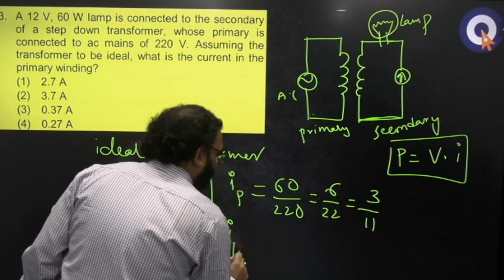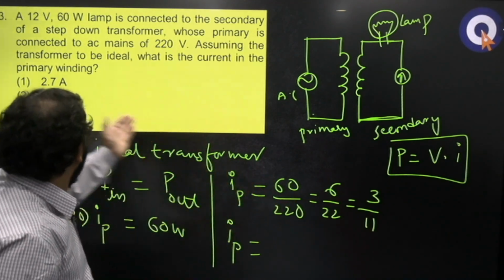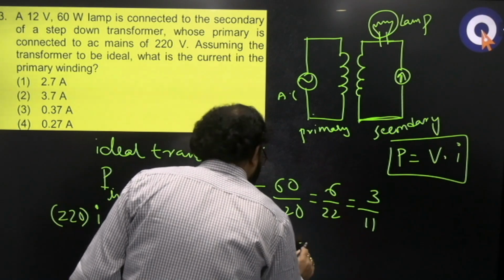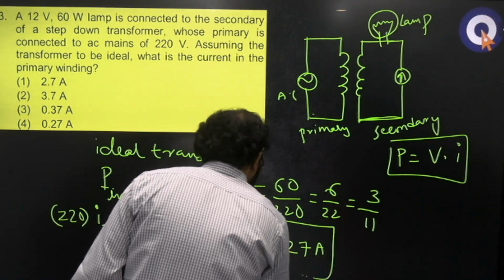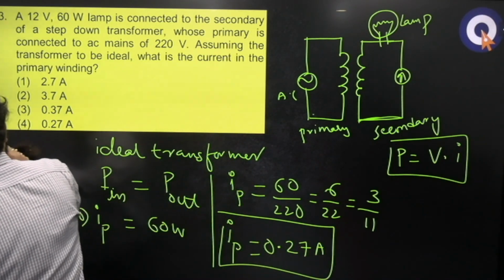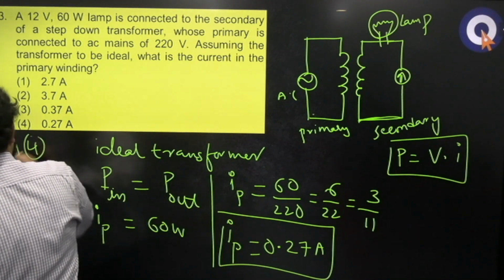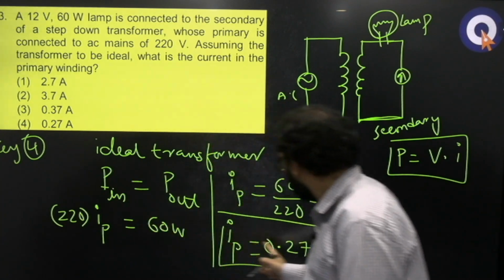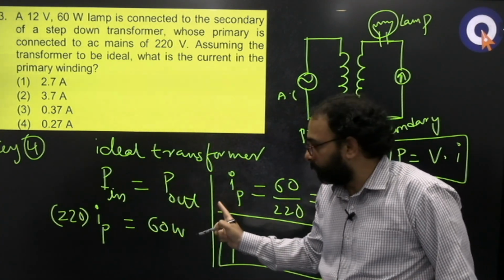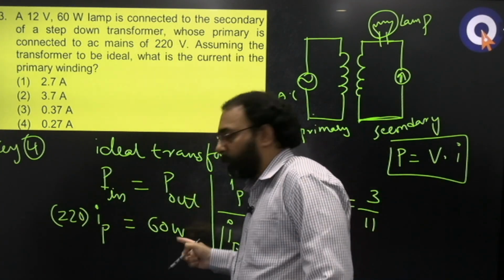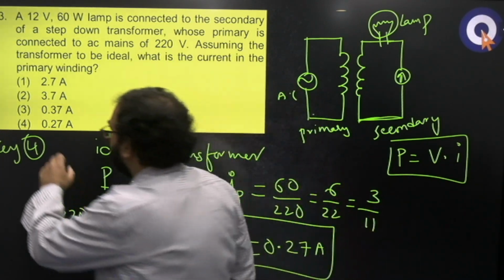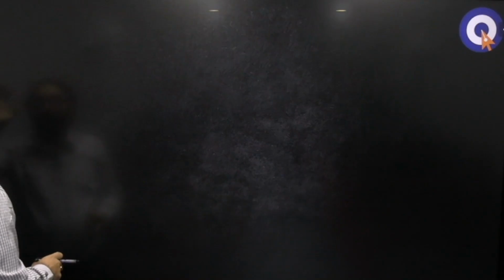So you will get, I think, 0.27 ampere. So we can say the fourth option is the key. Input power is equal to output power. Power is VI, output power directly given, no need to find out. This is the concept. So answer 0.27 ampere.